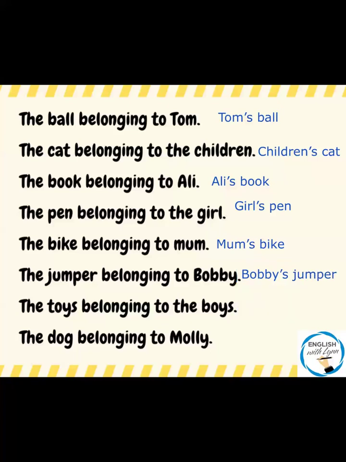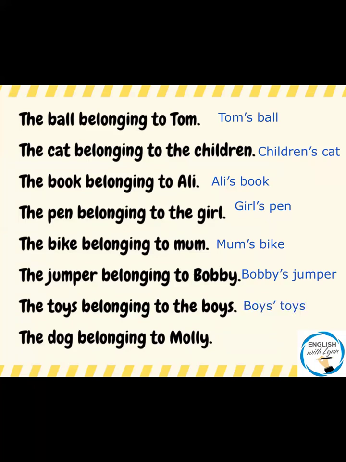Now, the next one we need to look really carefully at, because I've got toys. There are lots of toys, okay? And they belong to the boys. So all of these toys, it's not just one boy that it belongs to, it's lots of different boys. So what I need to think about, where does my apostrophe go? Because it belongs to lots of boys, I need to put boys, then the apostrophe, and then the word toys, okay?